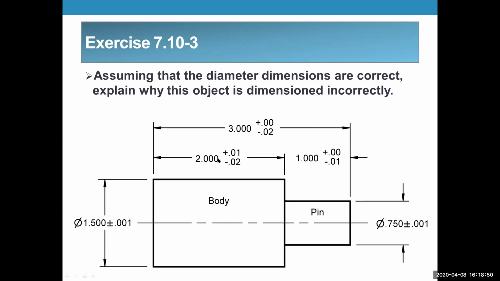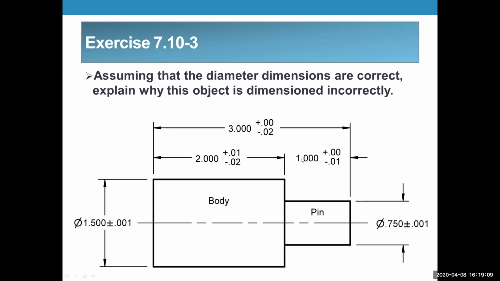Yeah, okay, so you're fairly close. The fundamental issue here is that these 3 dimensions together over-define this part, because these 2 dimensions already define the overall length, don't they?